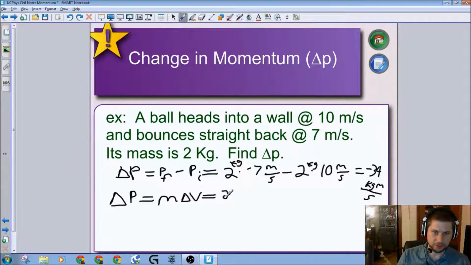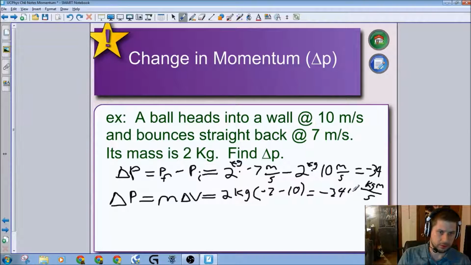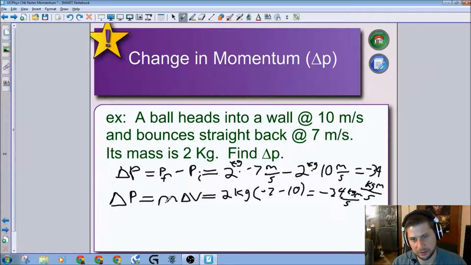Here we have 2 kilograms times the change in velocity, which would be final velocity, negative 7, minus your initial velocity of 10, and that equals 2 times negative 17, which is still negative 34 kilogram meters per second. This will come into play a little later because we're going to see it in this form, m delta v, in a little bit.